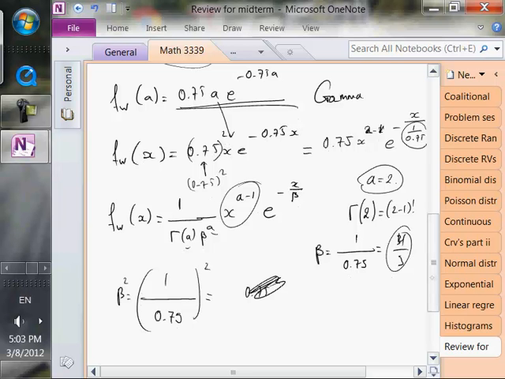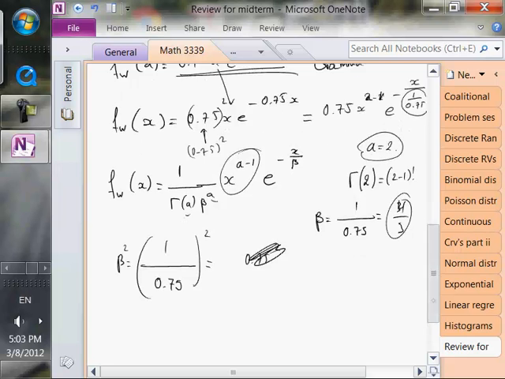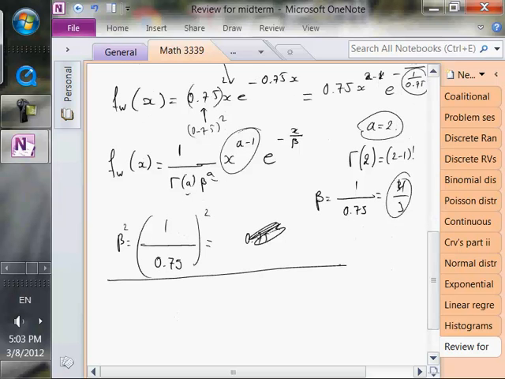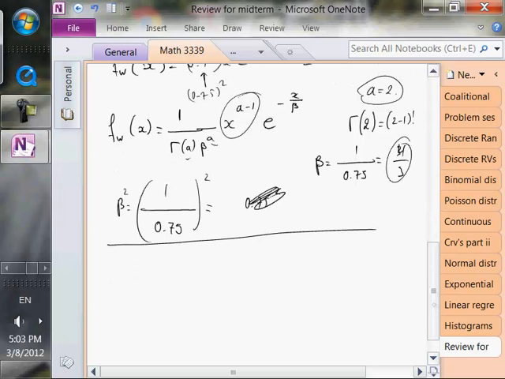So what is the expected value? If I ask what is the expected value of gamma here? You could have answered the same thing directly. What did we say that gamma is?